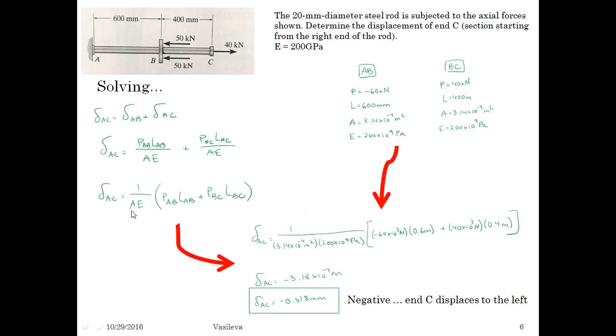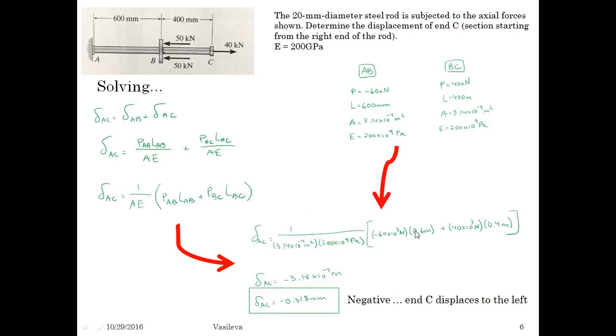I calculated the area, I'm given E, and all I have to do is plug in all the P's and the L's. So in this portion, keep in mind you need to keep the sign that you got originally. So negative 60 times 10 to the third newtons times the length, which is 0.6 meters, plus 40 times 10 to the third newtons times 0.4 meters.